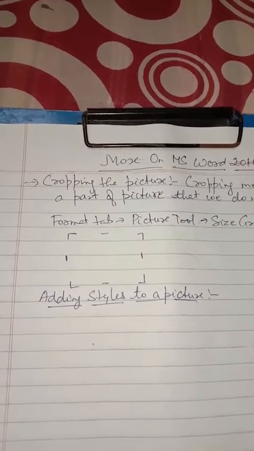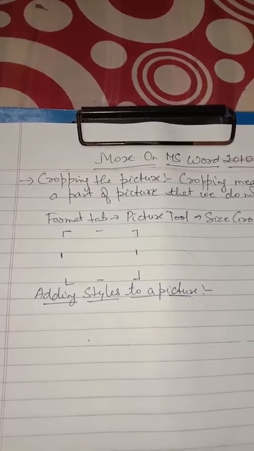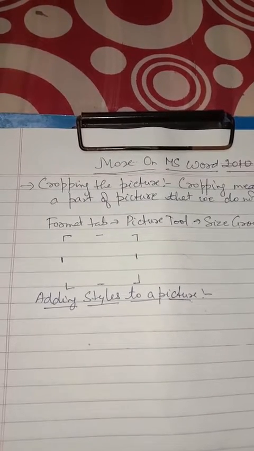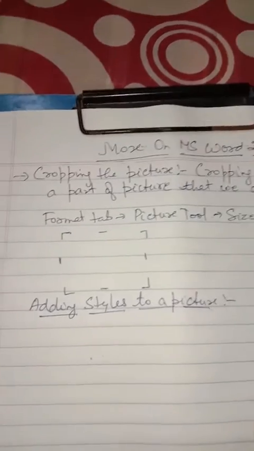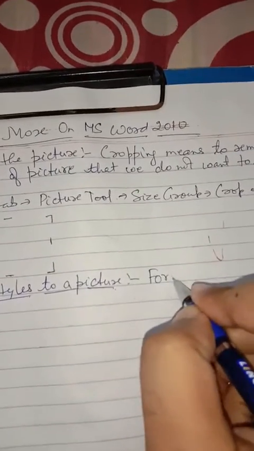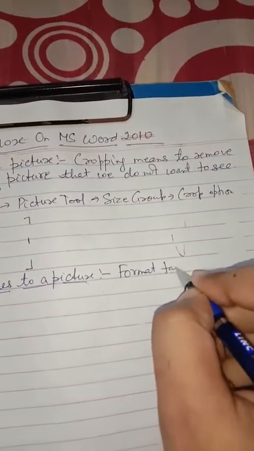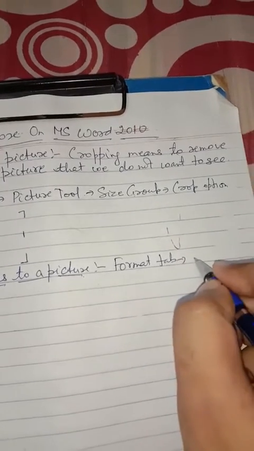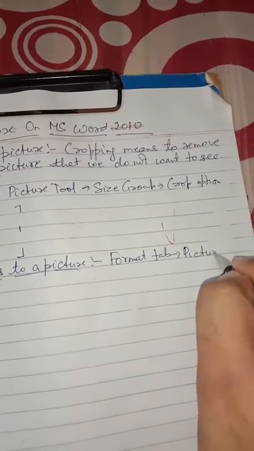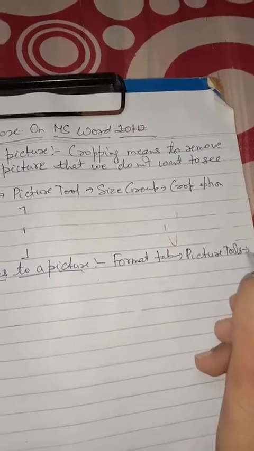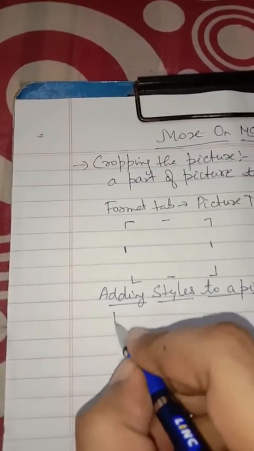So first of all, for this, select the picture in which you want to add the style. Now move to the format tab. And from the format tab move to the picture tools, and from the picture tools click on picture styles.